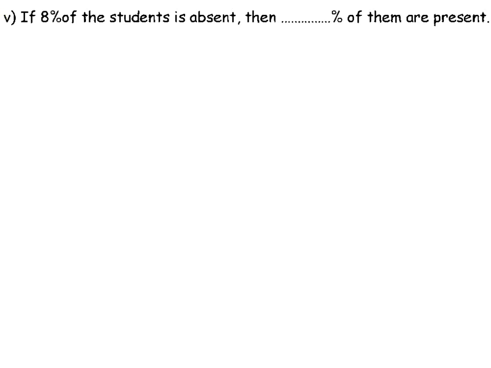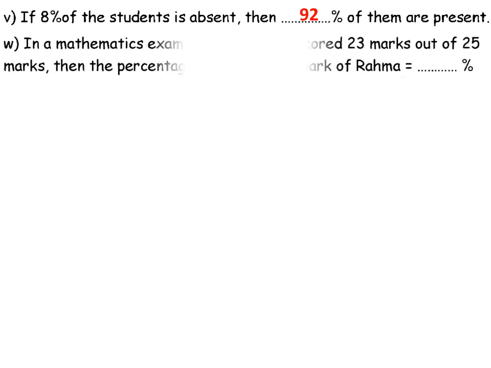So we can get the percent of present students by subtracting 8% from 100%: 100% minus 8% equals 92%. Adding 8% plus 92% equals 100%, the total number of students.